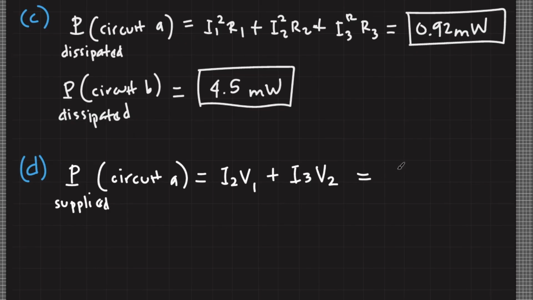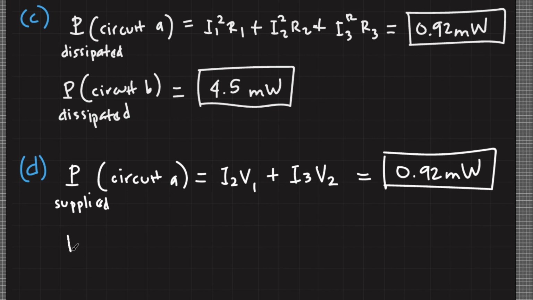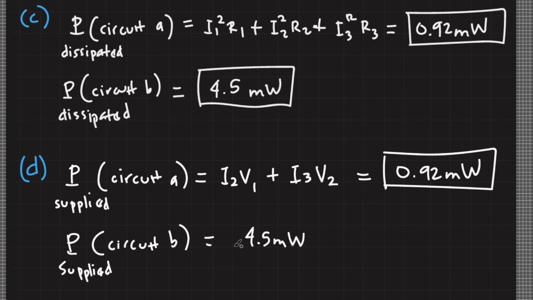And this is equal to 0.92 milliwatt. And for circuit B, it's equal to 4.5 milliwatt.